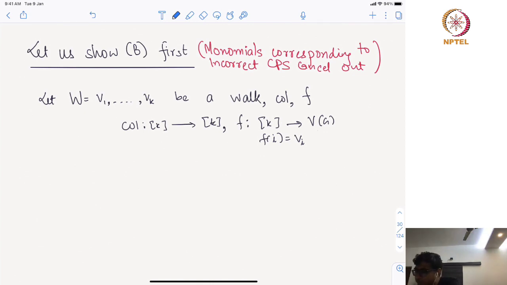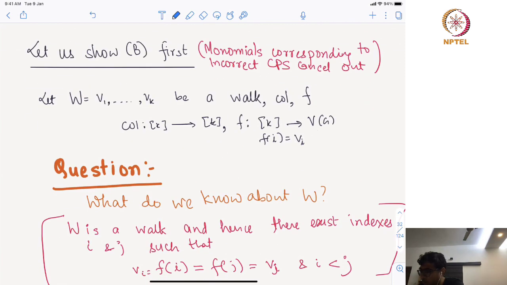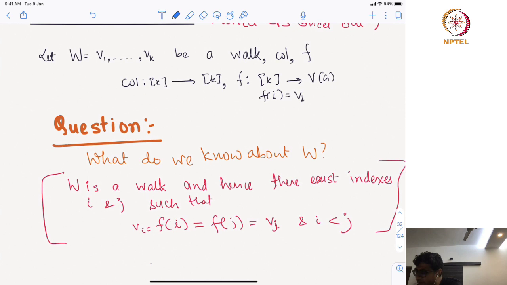So, let W be v1 to vk, a walk, a coloring function, and f, where the color is a map from 1 to k, and f of i is vi. So, the question is, what do we know about W? W is a walk, and hence there exist indices i and j such that f of i is equal to f of j.